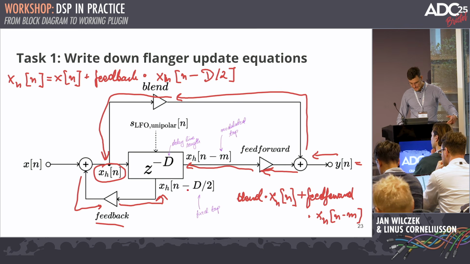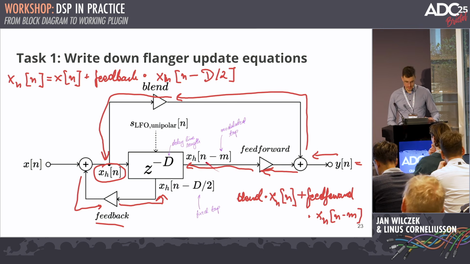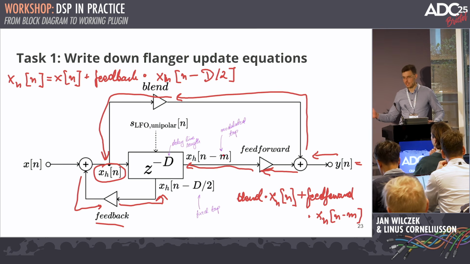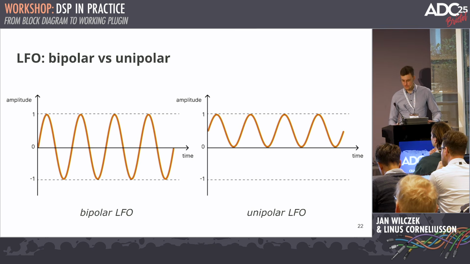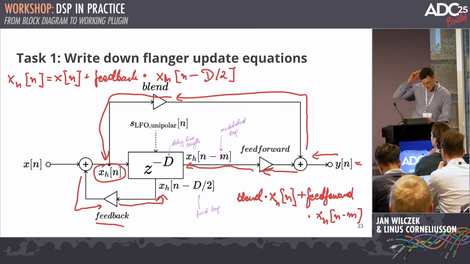So there's a fixed delay. Fixed delay is relatively easy to implement. This is what's more problematic because we have here some m, and this m is a modulated tap. It's not a parameter that we set before we create our plugin. It's something that changes based on our LFO signal. So this m will change with every update.